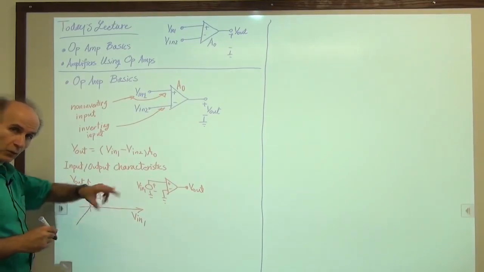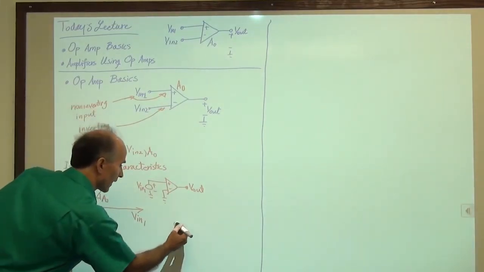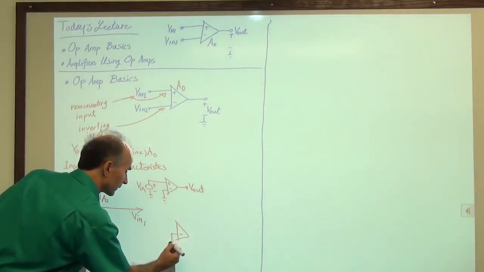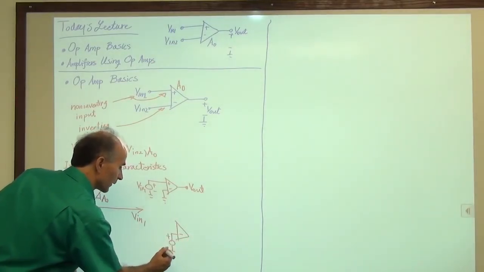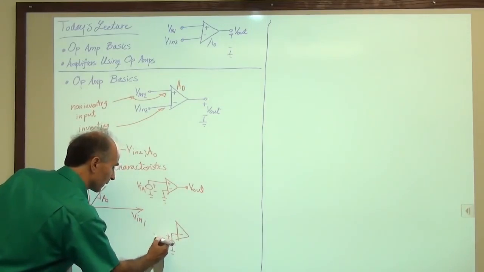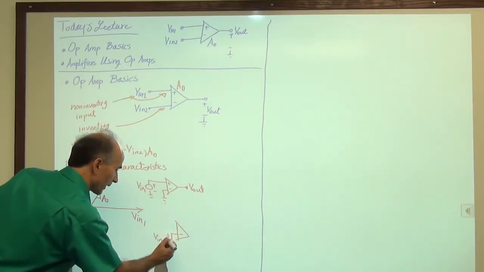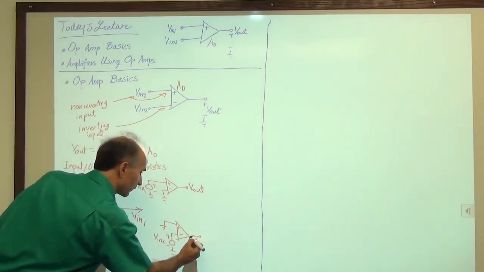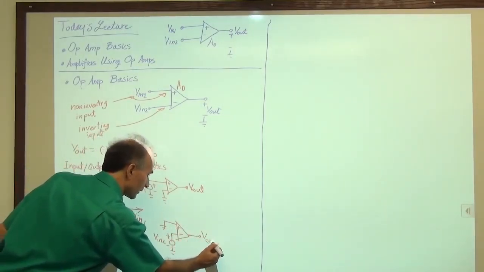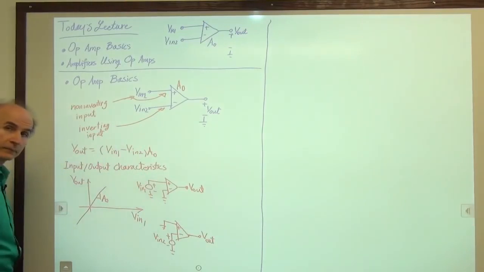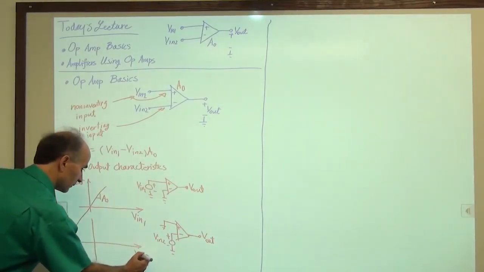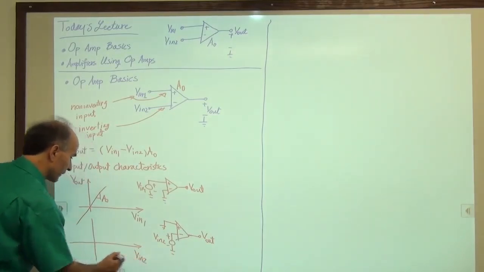Okay, now let's switch the two inputs. So in the next experiment, we apply an input to the inverting input. We call that V in 2. And we set the other input to 0. And again, we measure V out as a function of V in 2. So what do we get? So here's V in 2 going from minus infinity to plus infinity.